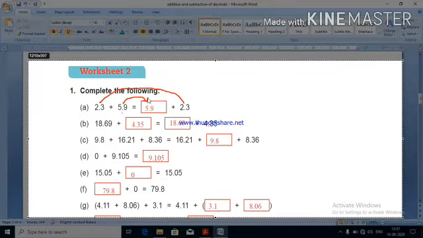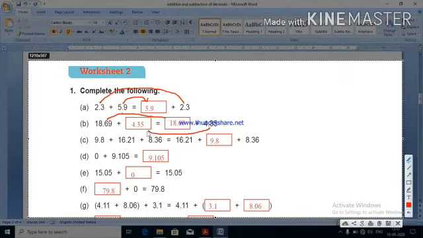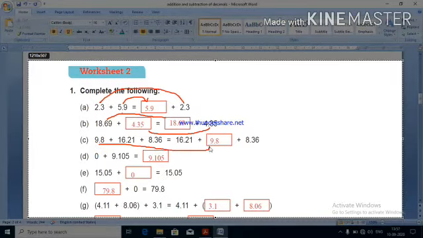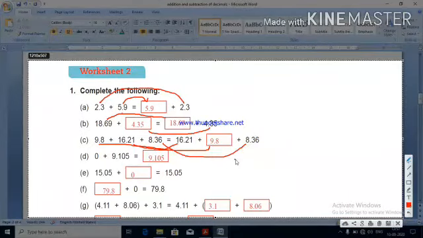Okay, in the second, 18.69 and another one is 4.35. 18.69 is here and 4.35 is here. In the same way 9.8 is put in the blank, 16.21 is here, 16.21 is also present, 8.36 is present. In the same way you have to do.